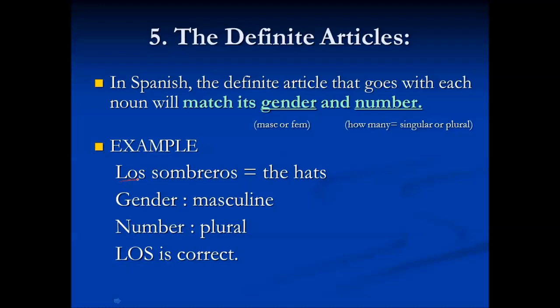We know that's plural because it's got los here, and it also has an s on the end of it. We know that's masculine because there's an o for los. We got the gender, masculine, the number, plural. So we're going to be saying los.